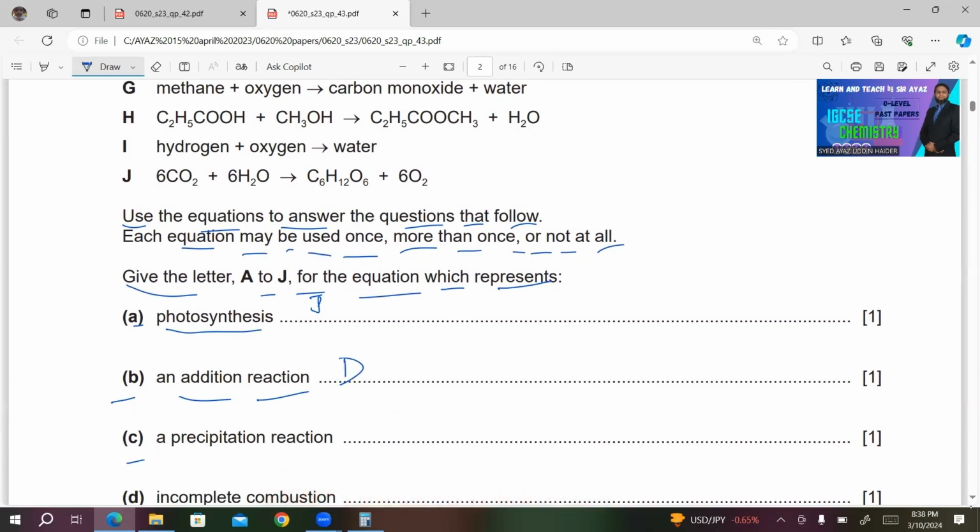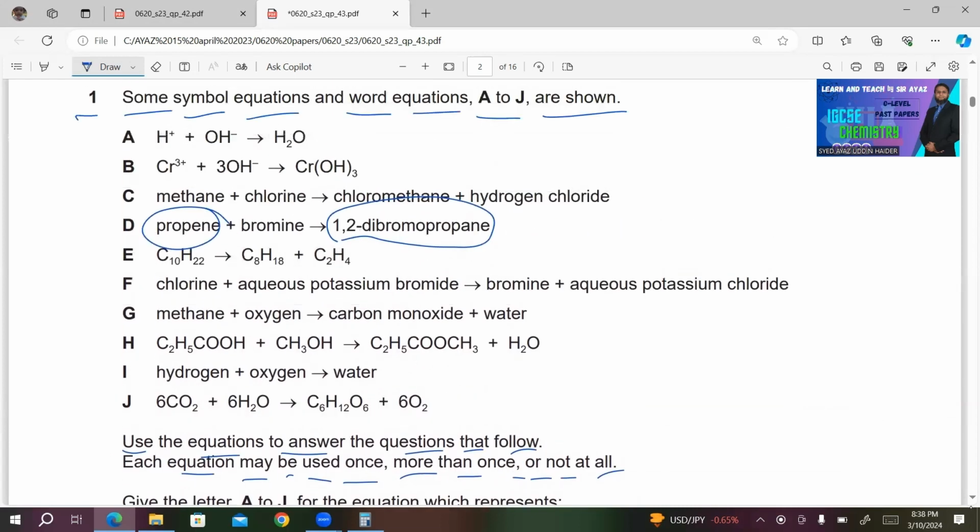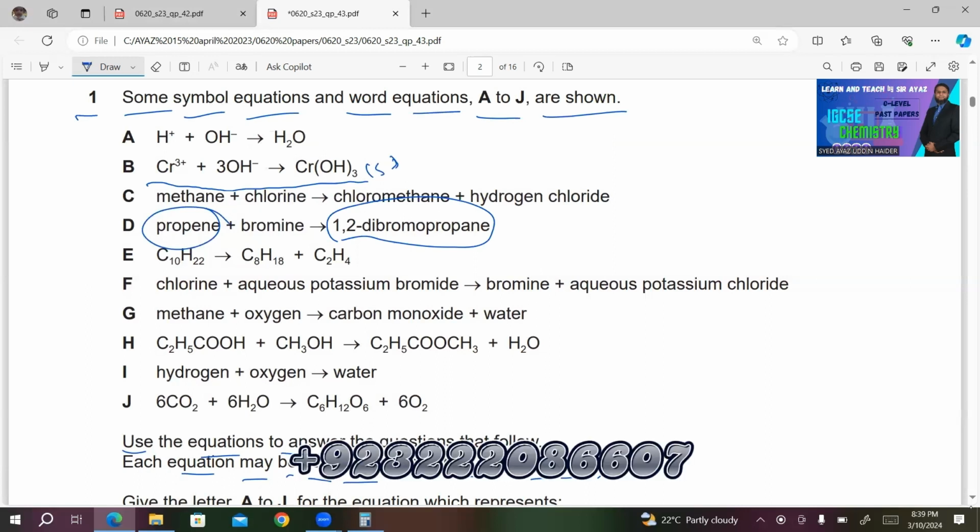Number C, a precipitation reaction. Precipitation reaction involves the formation of insoluble solid in the solution. So in choice B, you can see it's a reaction between Cr3+ and 3 moles of OH- ion to produce solid precipitate of chromium 3 hydroxide.